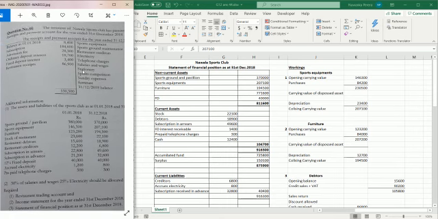Then you are given some additional information. Under first additional information, you are provided with opening balances and closing balances of assets and liabilities.